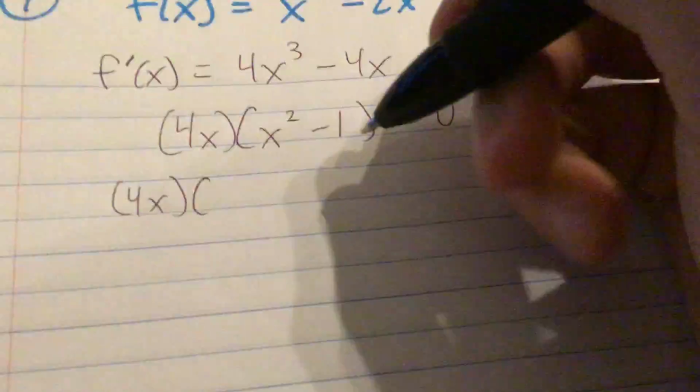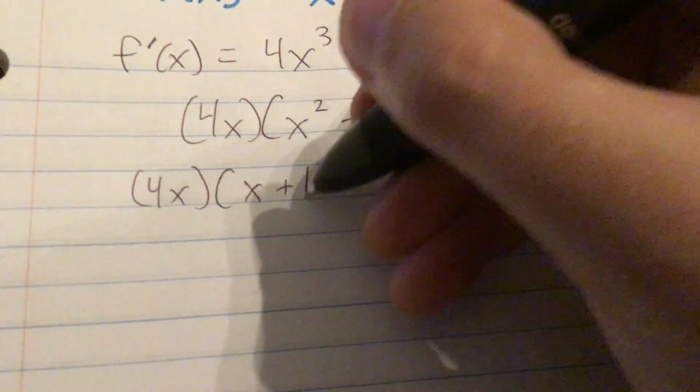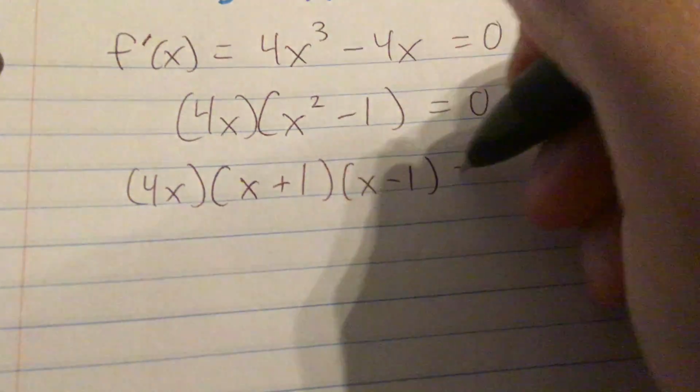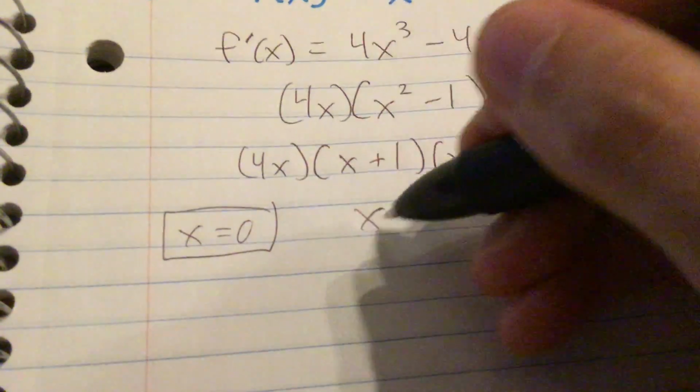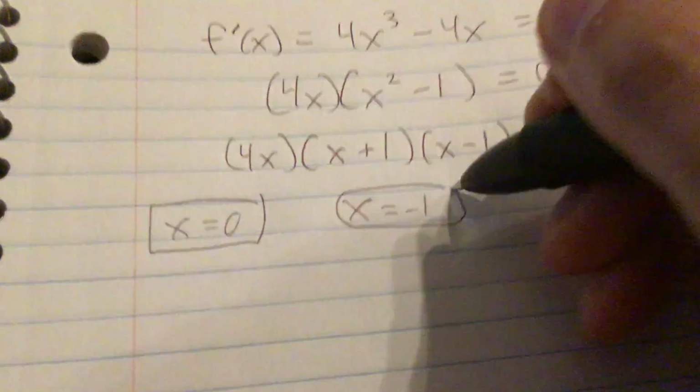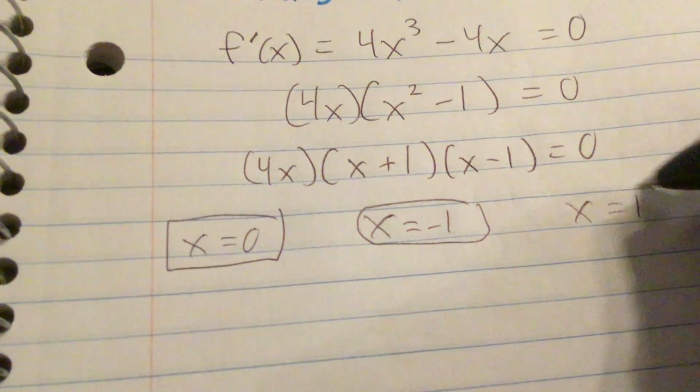So then we factor this into the difference of two squares, gets factored into conjugates, x plus 1, x minus 1. Long story short, my critical points are at x equals 0, x equals negative 1, and x equals 1.